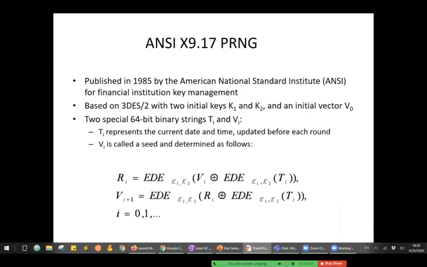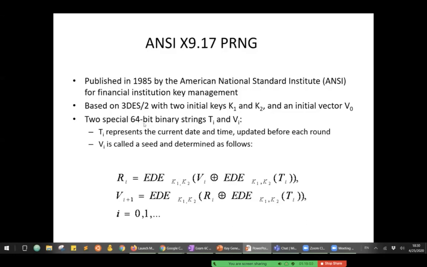So basically for banks, for bank transactions. It was based on 3DES/2 with two initial keys, K1 and K2, and an initial vector, V0. And it uses two special 64-bit binary strings, TI and VI.